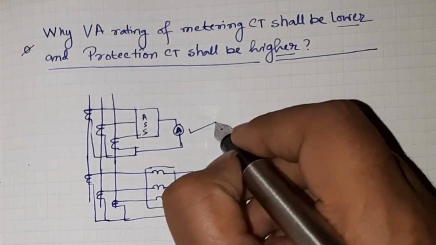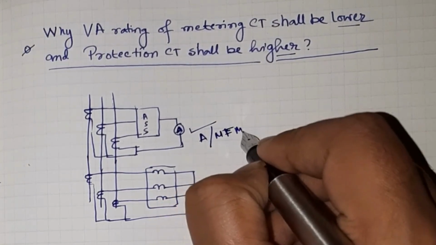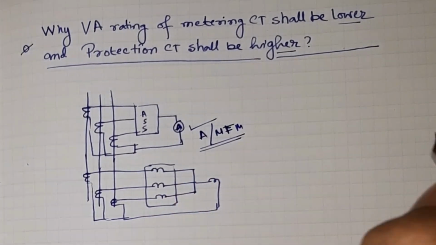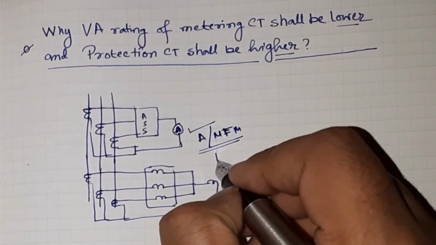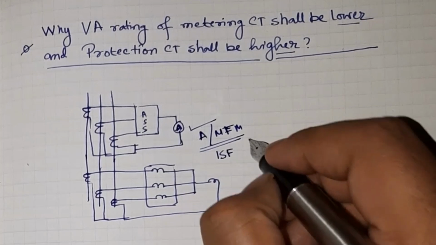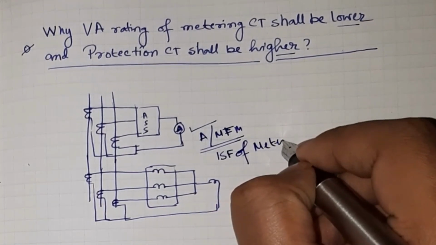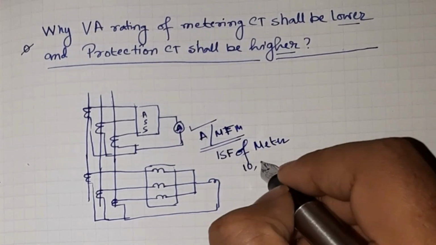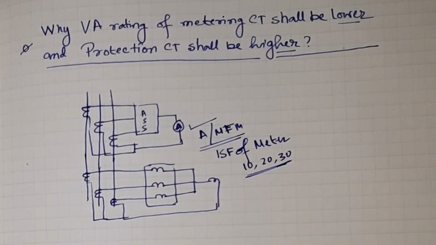Now this ammeter or MFM has a characteristic of withstanding a high value of fault current. This is called the instrument security factor, ISF, of meters. The meters also have an ISF. Generally it can be 10, 20, 30, etc. That means how many times its rated current the meter can withstand.